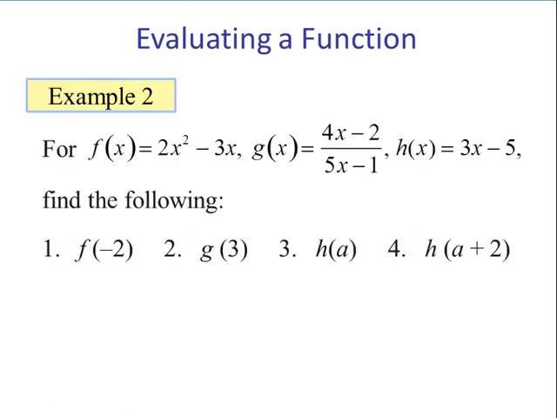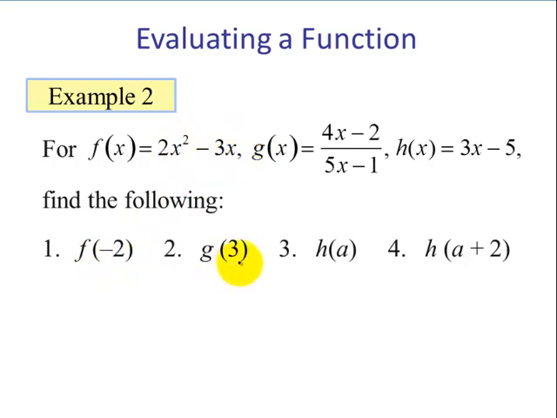Example 2. For f of x equals 2x squared minus 3x, g of x equals 4x minus 2 divided by the quantity 5x minus 1, and h of x equals 3x minus 5, find the following. Number 1, f of negative 2. So we are going to substitute a negative 2 everywhere we see an x and evaluate it.